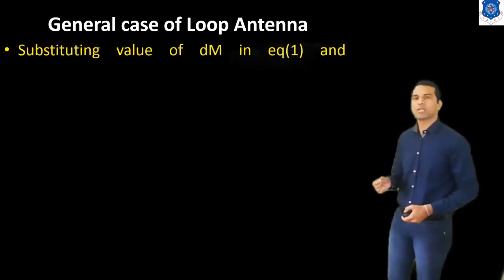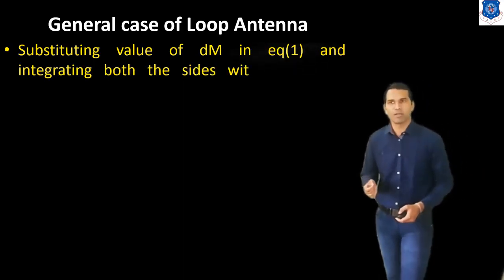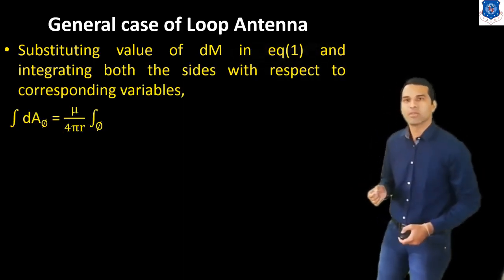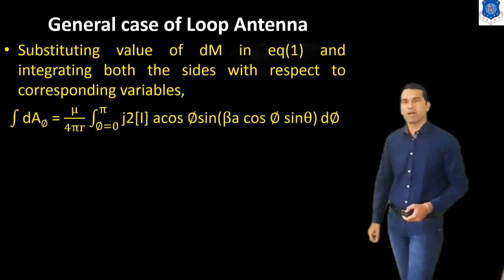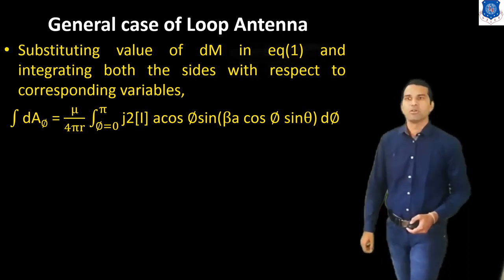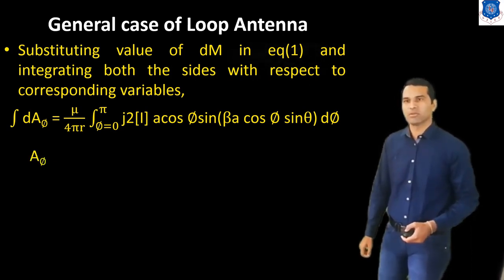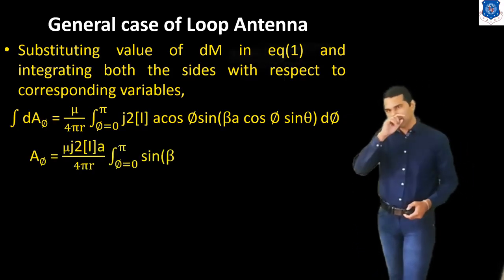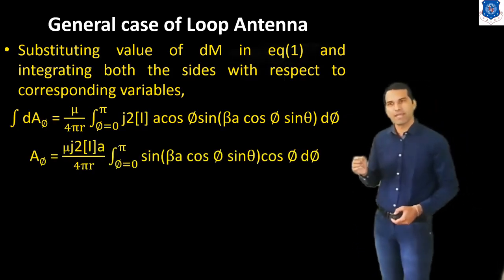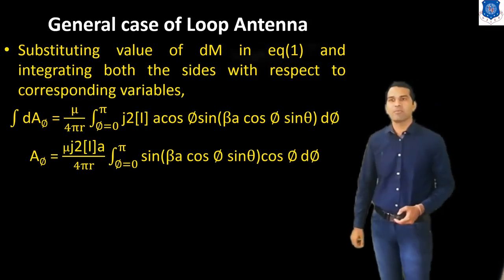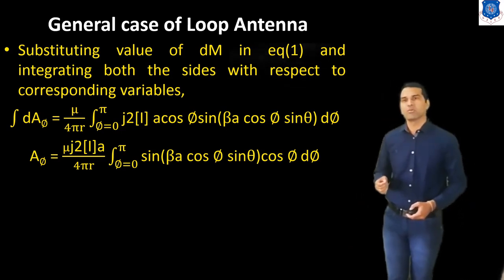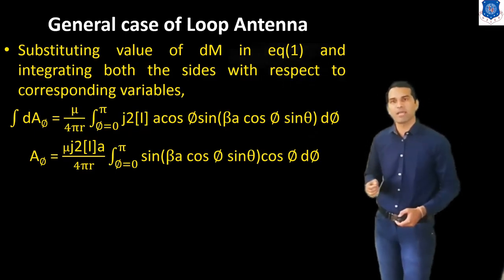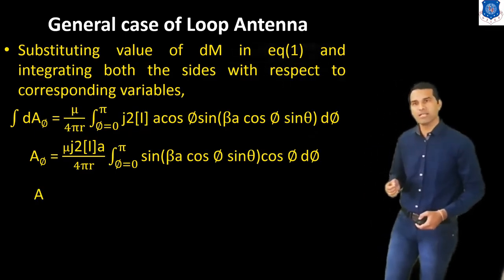Now we substitute the value of dm in equation number 1 and integrate both sides with respect to the corresponding variable. On the left-hand side the integration of dA phi is simply A phi, and on the right-hand side we take the common factor mu j 2I a upon 4 pi r, with the integration over phi from 0 to pi of sin of beta a cos phi sin theta, cos phi d phi.